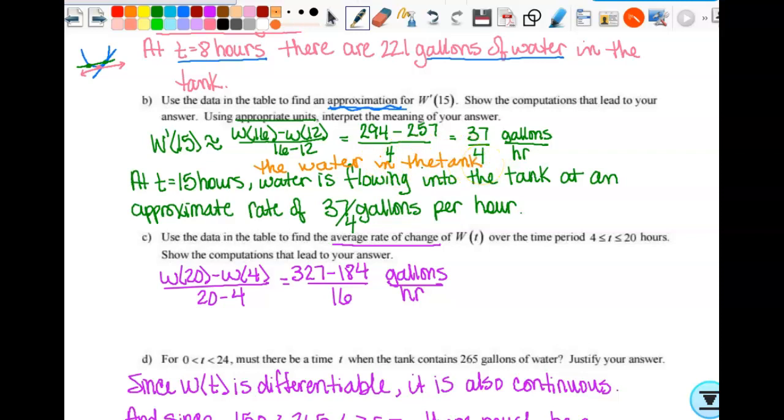That's my first blank there. And then is the water in the tank increasing or decreasing? Increasing. Is increasing at, and then over here, an approximate rate of, or at a rate of approximately.